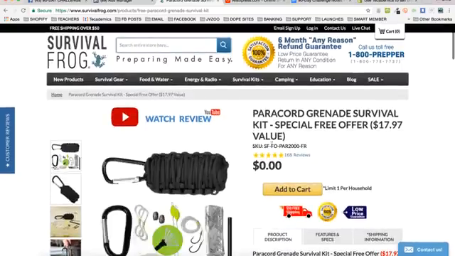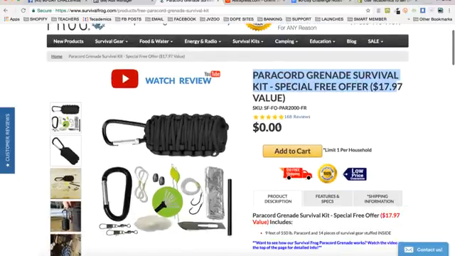So now, after I opted in, it took me right here to this product. A paracord grenade survival kit, special free offer, $17.97 value, yours now for free, limit 1 per household. So check this out. They're willing to give me this item for free right now. But I have to pay shipping and handling, okay?